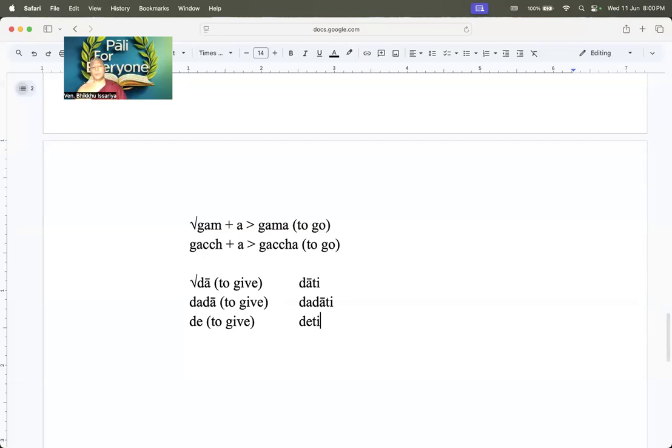Later, when we see them, we understand: this one is to give, da also to give, de also to give. They are the same, just the form is different like this. So just to understand that point, here I introduce. Not so many, just for your knowledge later when we see that.